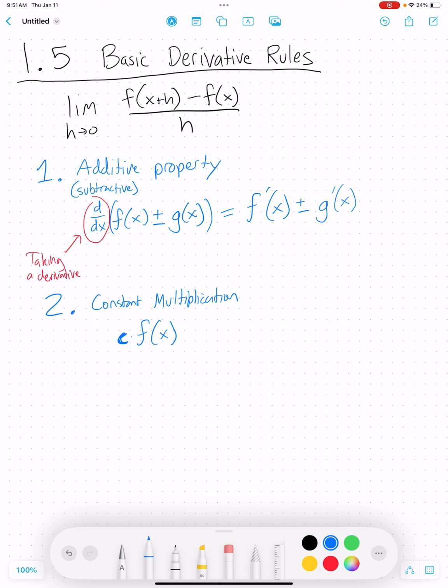And then I want to take the derivative of this. Well, it turns out, if it's just a constant being multiplied by the function, you can ignore that constant and just take the derivative of the function and then multiply by that constant on the outside. You can kind of just pretend that constant's not there and take your derivative like normal and just keep the constant where it was. Okay?